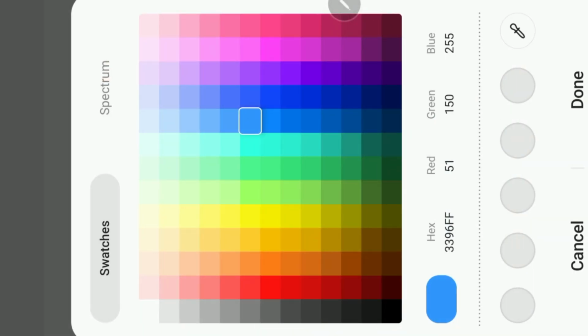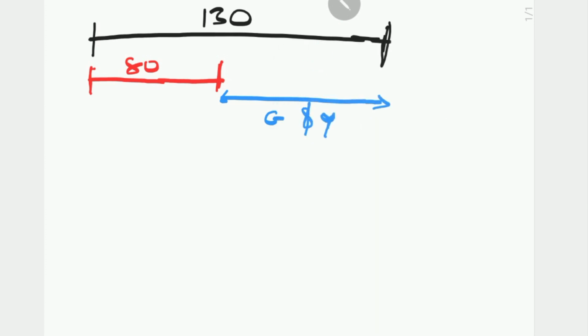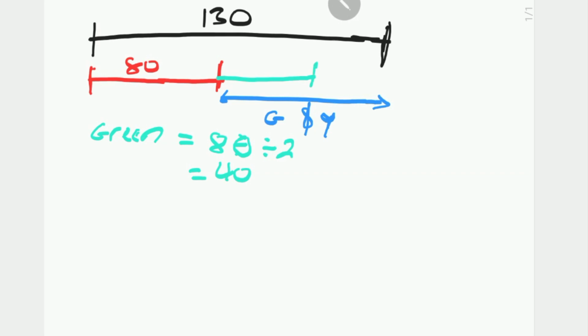So from here, we could say that the green is 80 divided by 2, which is 40.